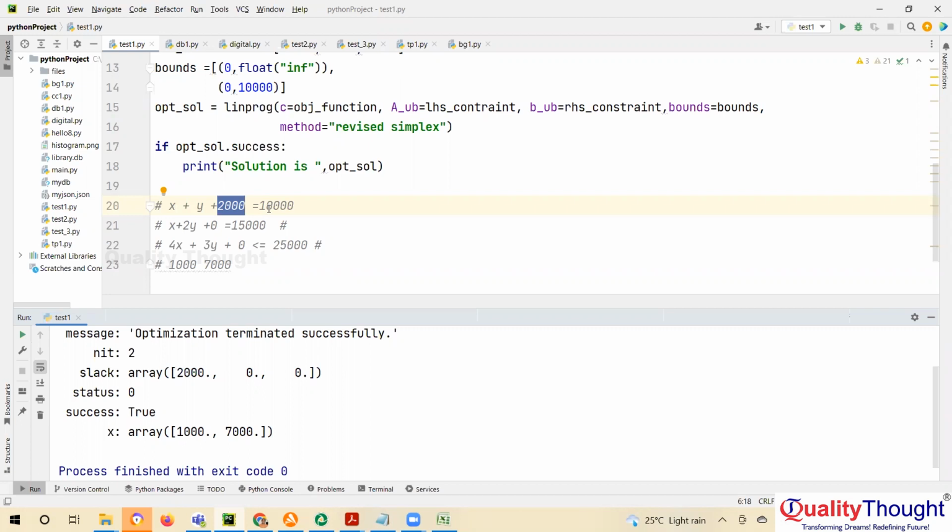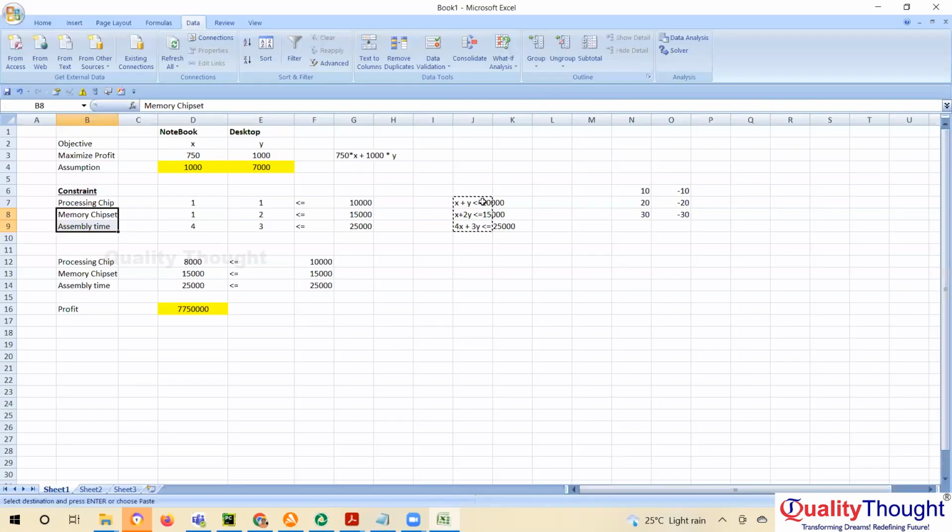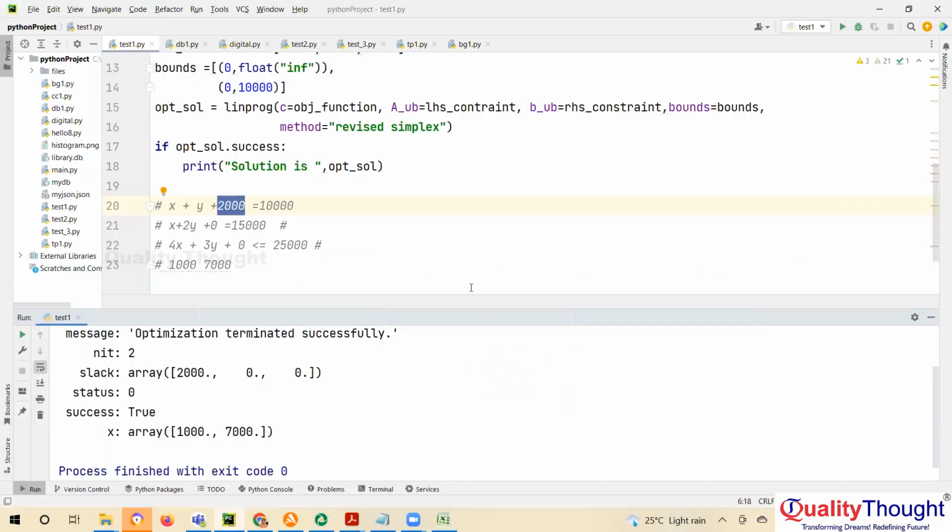In this case it is all x, x plus y, power is 1 for all the variables, so it's a linear problem. If you had x squared, x cube, x squared y, then we have to use non-linear programming. We can discuss that later.